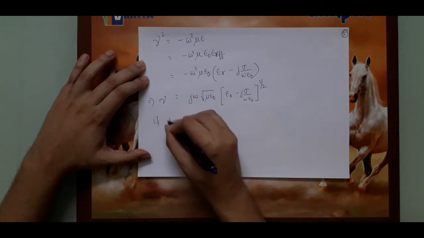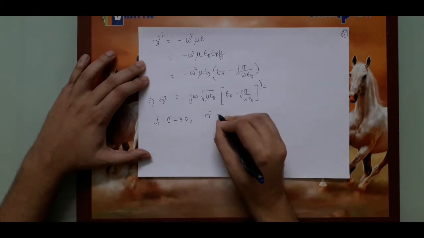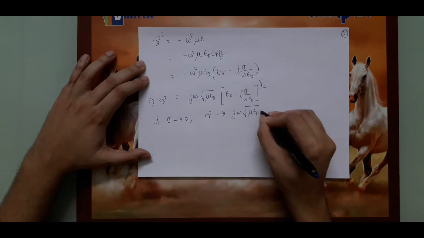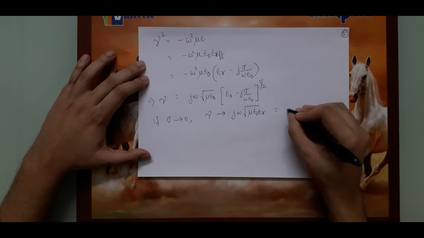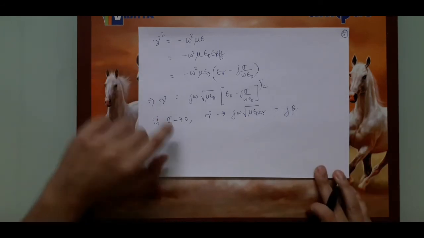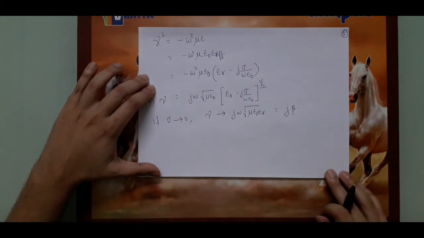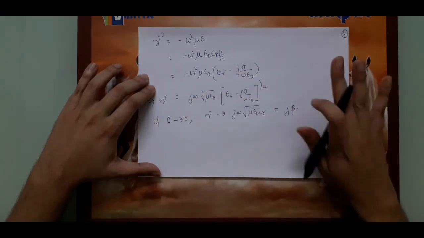If sigma tends to 0, then gamma will tend to j omega times root mu epsilon, which is nothing but j beta. Therefore sigma has a direct effect on alpha, the attenuation constant, when we correlate with the transmission line.